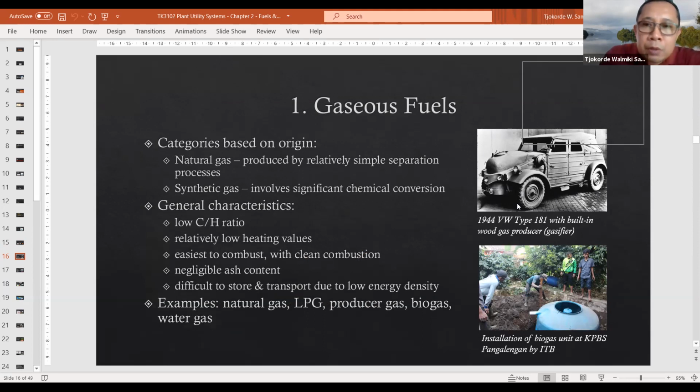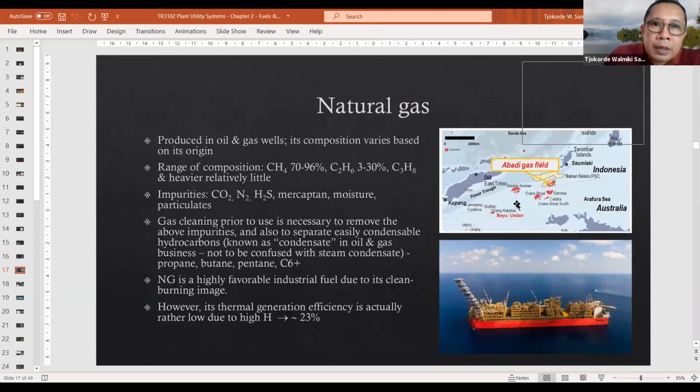However, they're also the most difficult to store and to transport. So gaseous fuel is clean but difficult to transport and store. That's the general notion that we get from gaseous fuels.